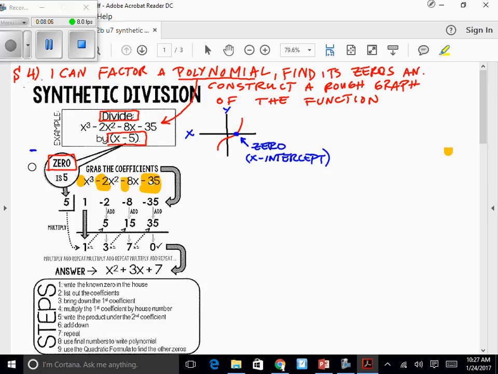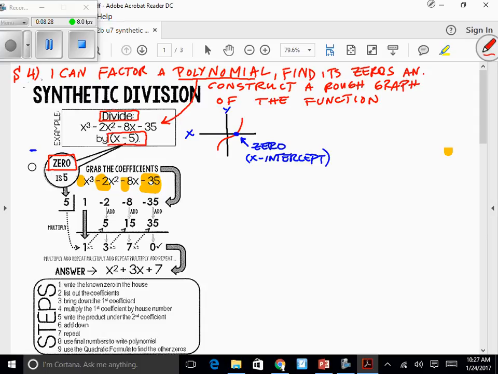All right, here we go. Next step. Once you have those coefficients, you rewrite them. Once you rewrite them, the number that you were going to divide, this is again why there's so many pieces here, which is why I almost want to skip this, but I'm not. You always write the opposite.